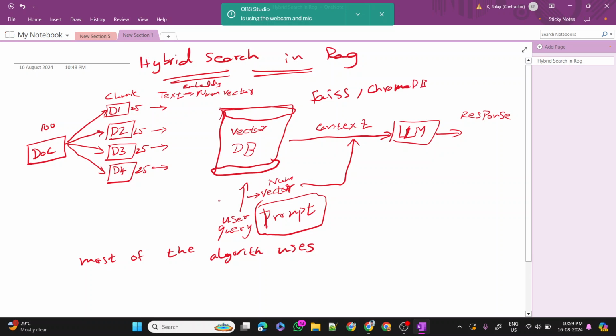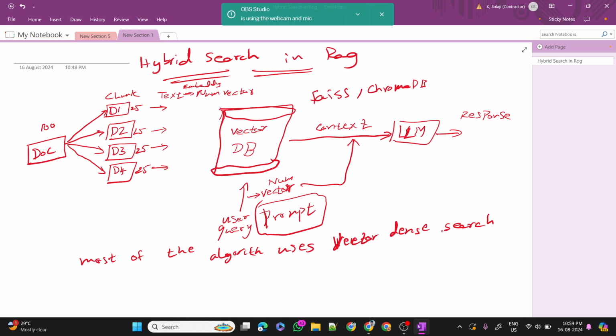ChromaDB uses this dense vector search technique to retrieve the exact data relevant to the user query.